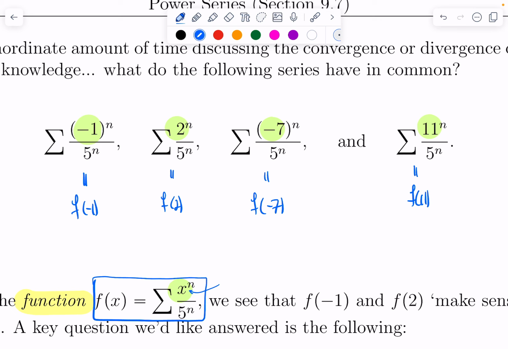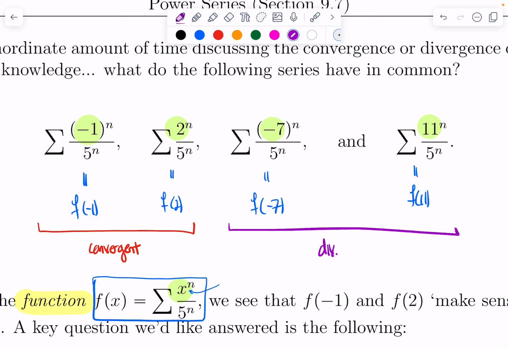One of the most interesting things about this perspective right now is that sometimes this notion of function evaluation makes sense. For example, what we can see is that over here, these two are convergent power series. Well, we're eventually going to call them power series. These are convergent infinite series. Whereas over here on the right, we see that these are divergent infinite series, specifically, the divergent geometric series.